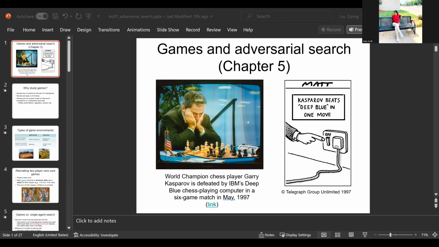This is called alpha pruning. And similar for beta: beta is for minimum, a very similar idea.